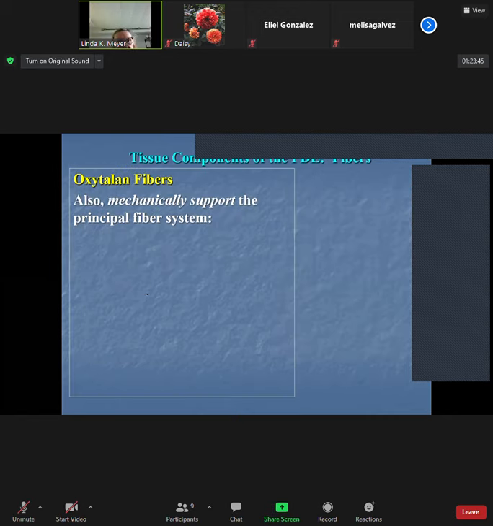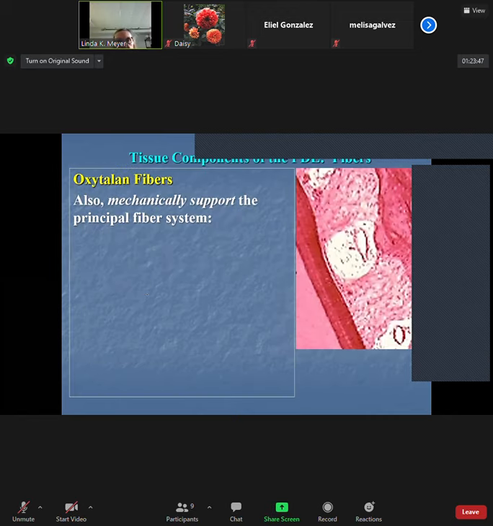And then they also support the principal fibers. So if we drew them in, all the pinks, the type 1 collagen, but we might have oxytalan fibers in here reinforcing the type 1 collagen fibers.